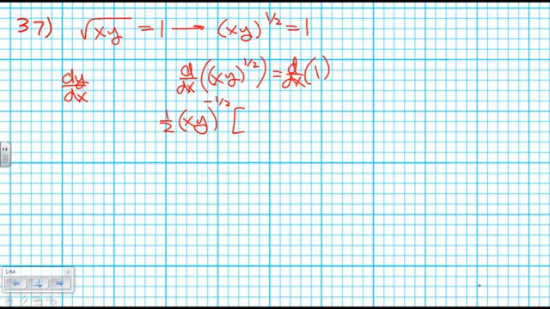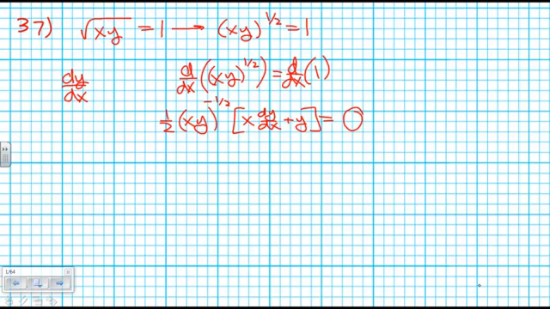And of course, the derivative of the inside, we've done this one so many times, we know that it is x dy/dx plus y. On the other side, we get a whopping 0. I'll stop there. We okay?